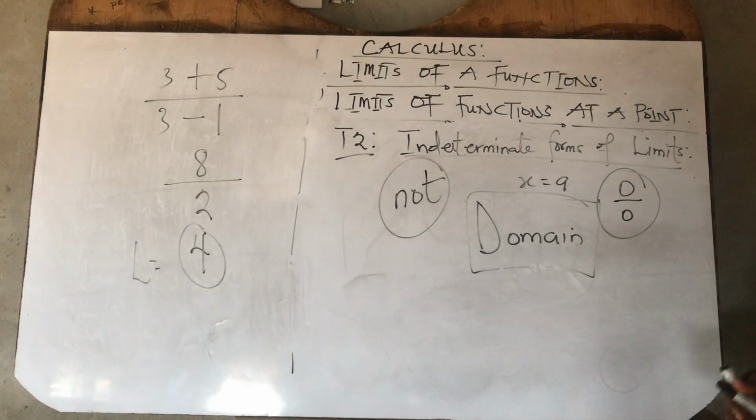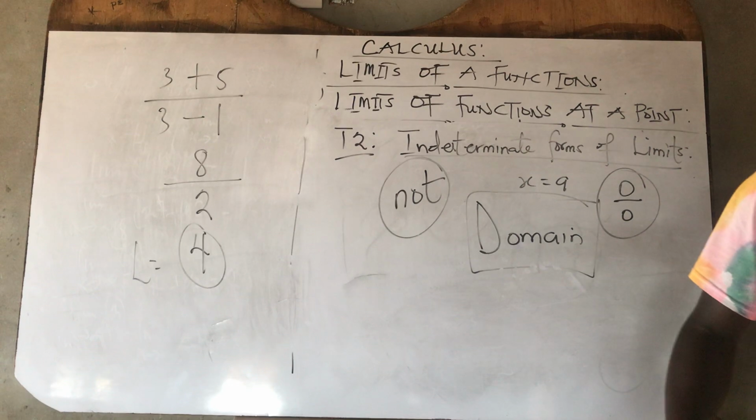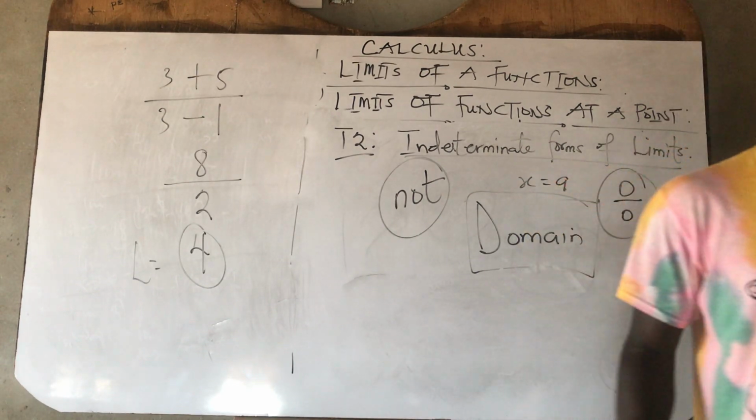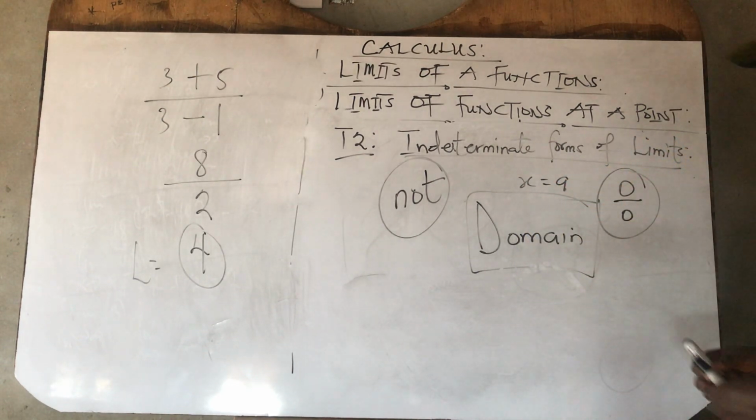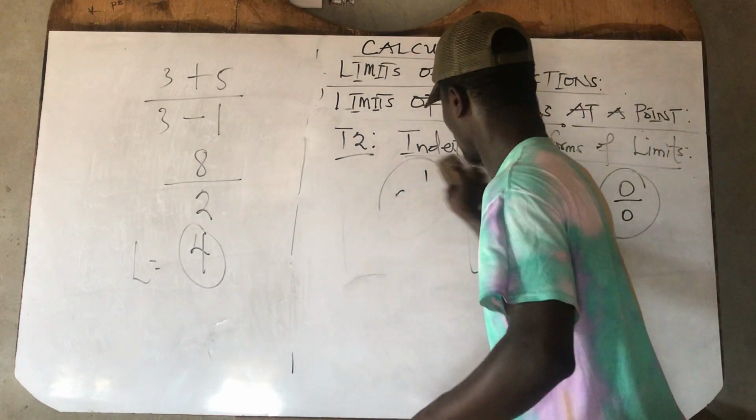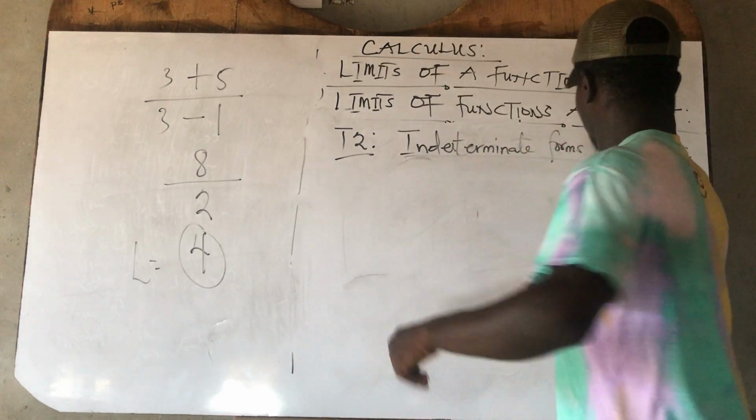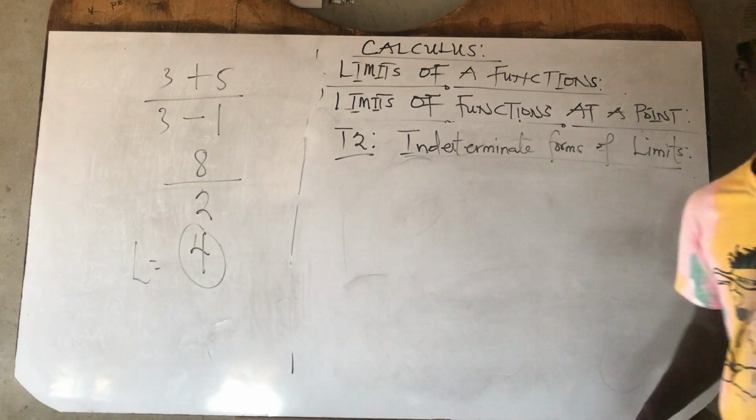The limit is said to be in the indeterminate form, which is 0 on 0. For example, let's see, we want to see the indeterminate form.